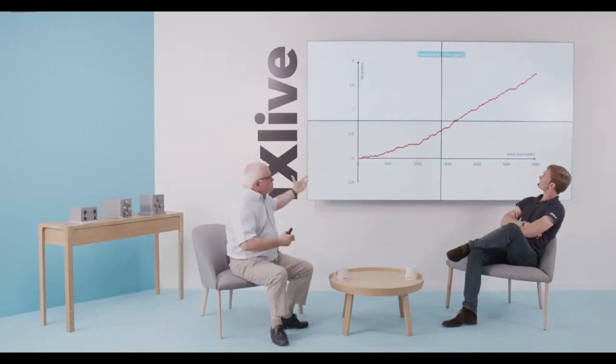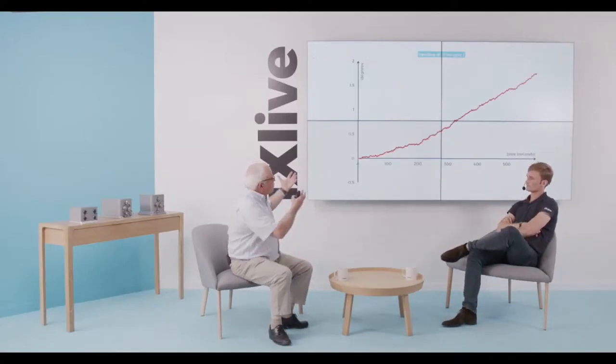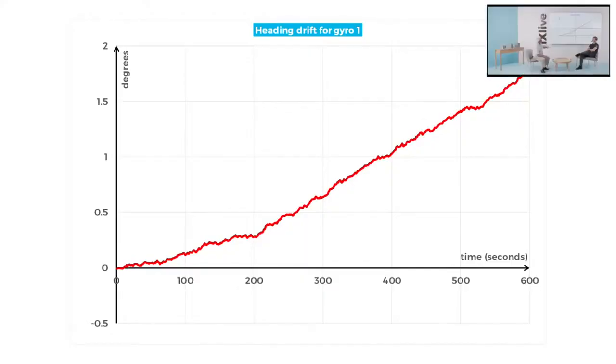Okay. So what I did for providing some examples, I took measurements from 3 different gyros, and I tried to do what the Kalman filter does in real life when GNSS is available.